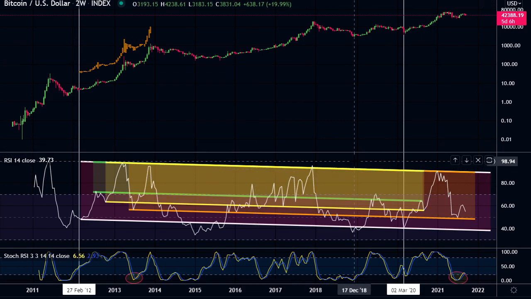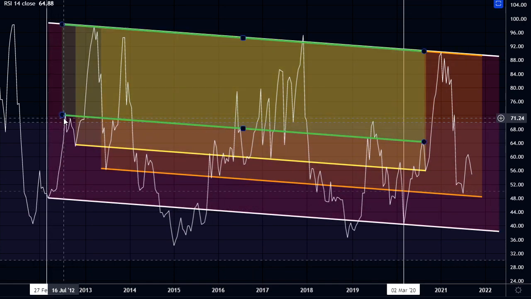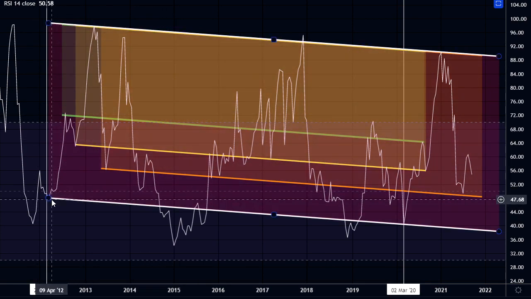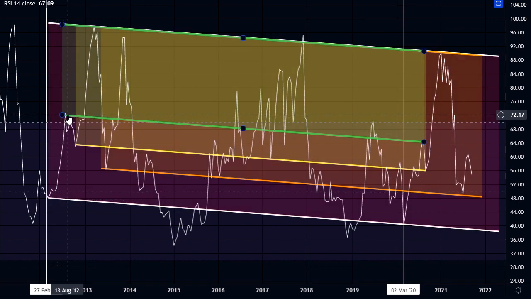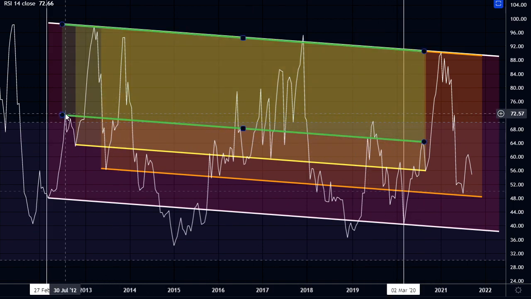We also have these other lines drawn on the RSI, and as you could see in that intro, I took you through them step by step. All of these lines are parallel, but we can see after this initial run up, we came up to a peak before a pullback, and these pretty much line up here. This one was slightly higher using these parallel lines.